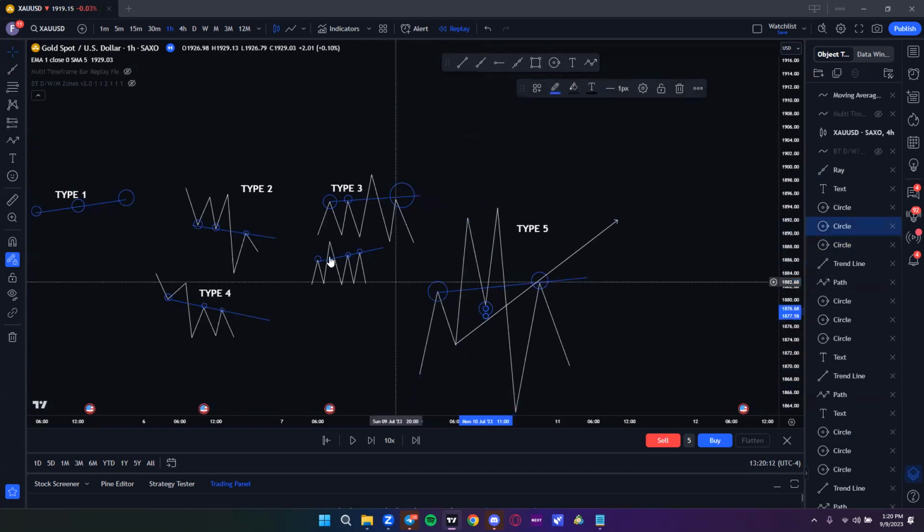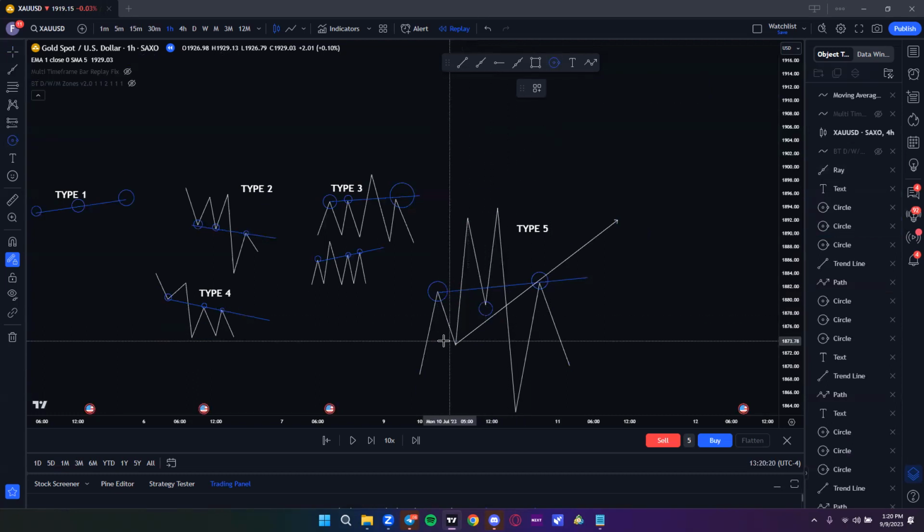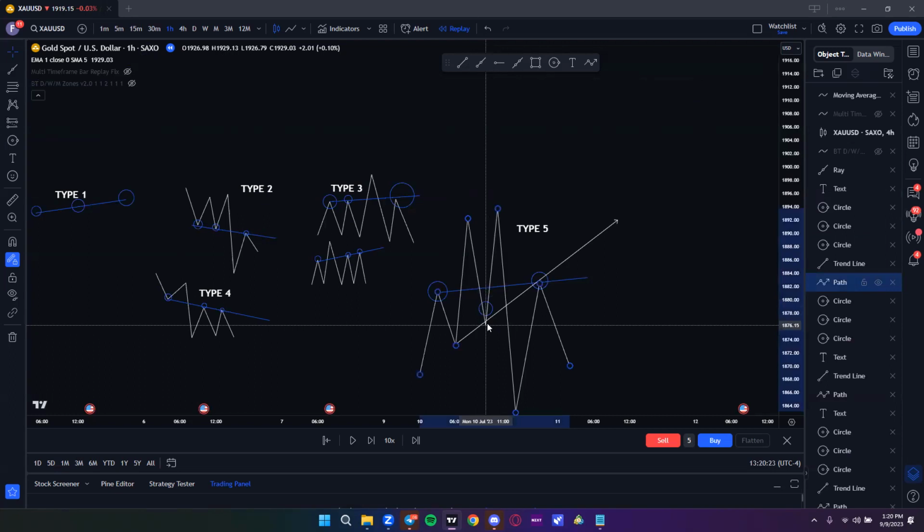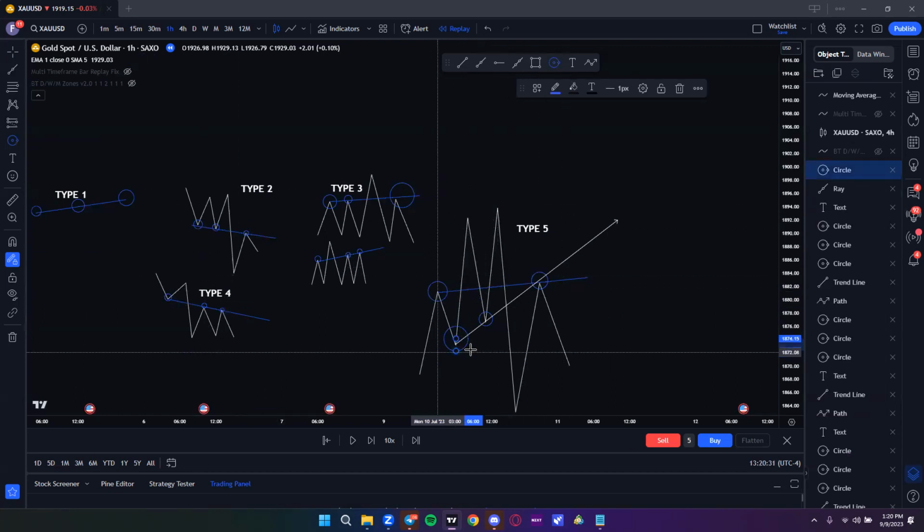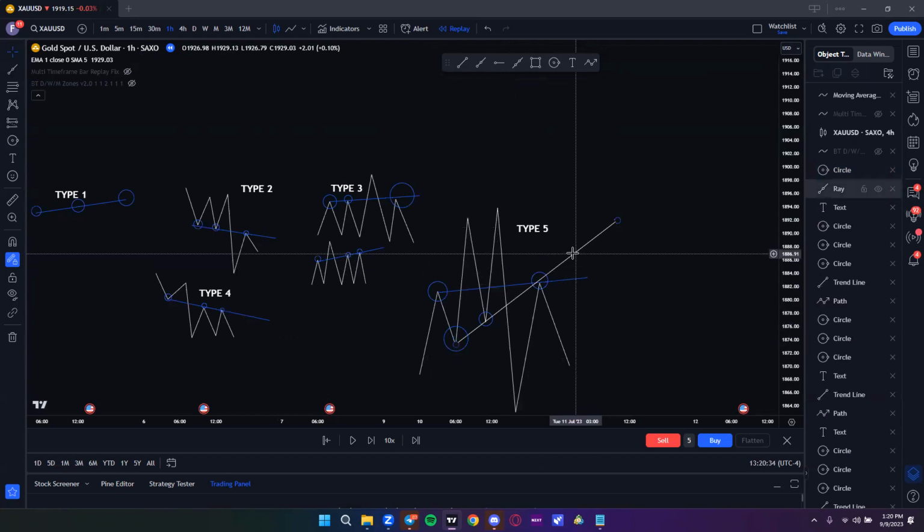Then you have type 2, right? So it could be this right here. It's pretty much two of our signature trend lines mixing together to give us that convergence point of our decision level, probably going to be here.